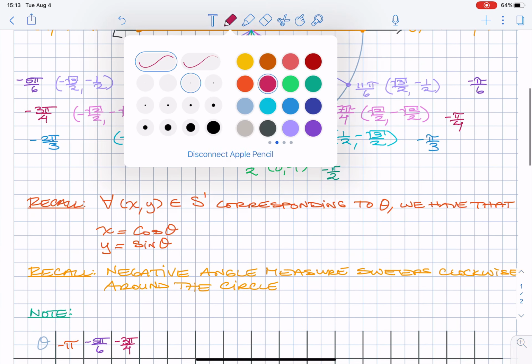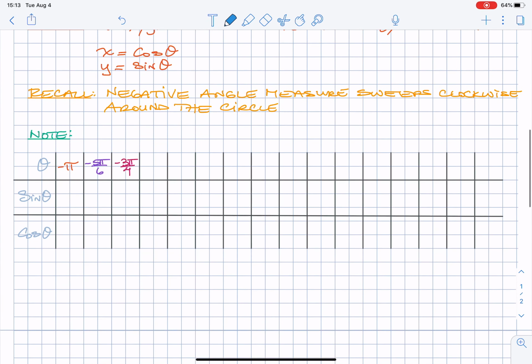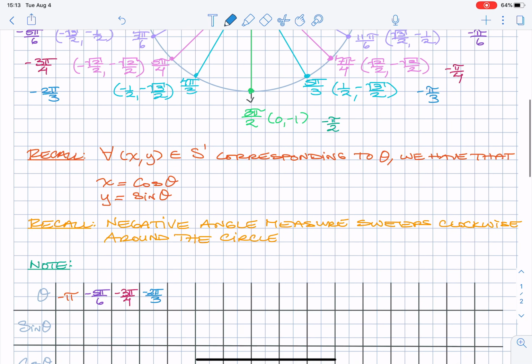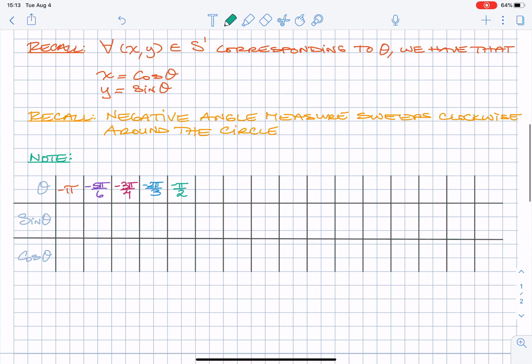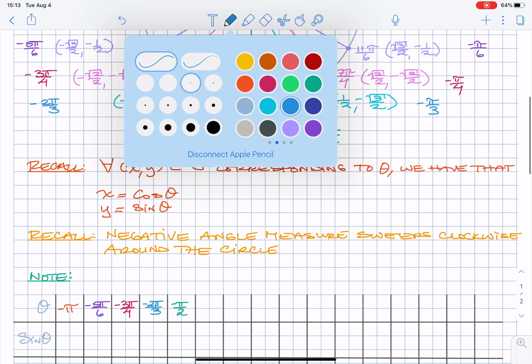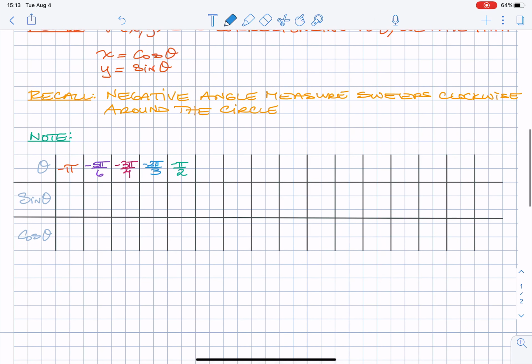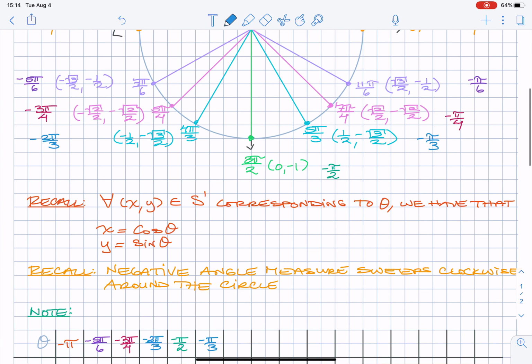Then the next one was negative 2 pi over 3. Then we had negative pi over 2. Then we had negative pi over 3. Then we had negative pi over 4.